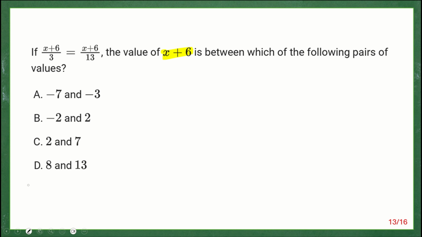Let us rewrite this expression and try to simplify it. I have (x plus 6) divided by 3 equals (x plus 6) divided by 13. Let me cross multiply these denominators, so it becomes 13 times (x plus 6) equals 3 times (x plus 6).